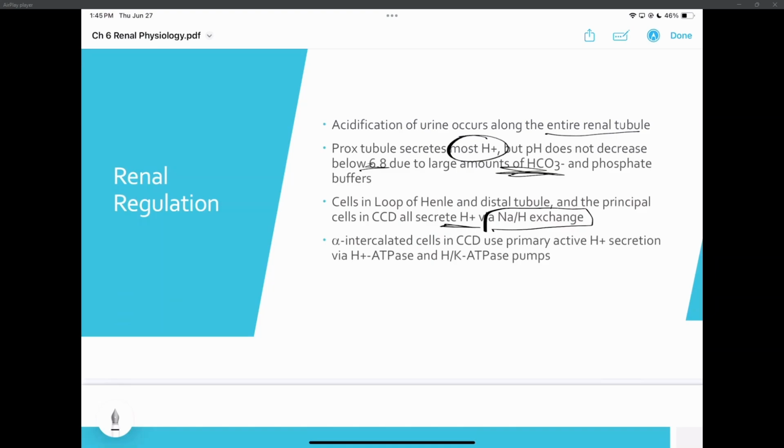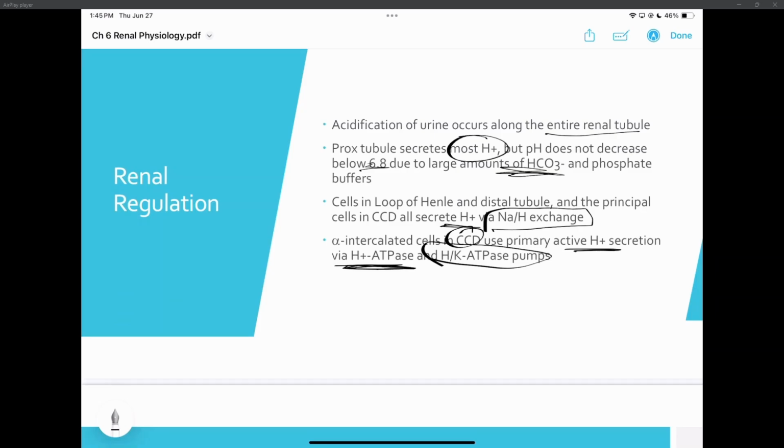Also in our common collecting duct, hydrogen secretion occurs via hydrogen ATPase and the hydrogen-potassium ATPase pump as well. So again, acidification of the urine, adding hydrogens, can occur along all parts of the nephron. We have the ability to get rid of acidity from the blood and dump it into the urine. Remember, the body doesn't care about the concentration makeup of the urine.